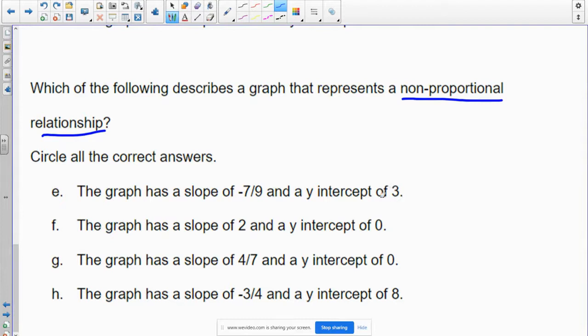So that's true. That works. Doesn't matter about the slope, but the y-intercept is 0. No, because that's proportional. The slope of 4/7 and the y-intercept is 0. Nope, that's proportional. And the last one, the slope is -3/4, doesn't matter, but the y-intercept is 8. That works. It could be any value but 0.